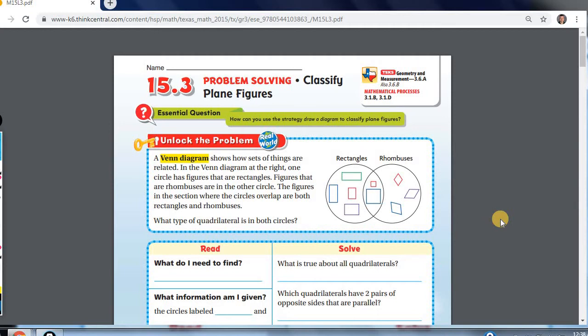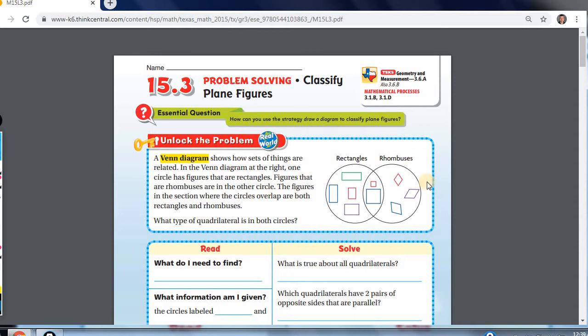So if you have your notes, please have them handy so that you can refer back to them. This is a special lesson where we're going to have mostly a discussion of the characteristics of the plane figures that we're going to be talking about. So let's go ahead and get started.